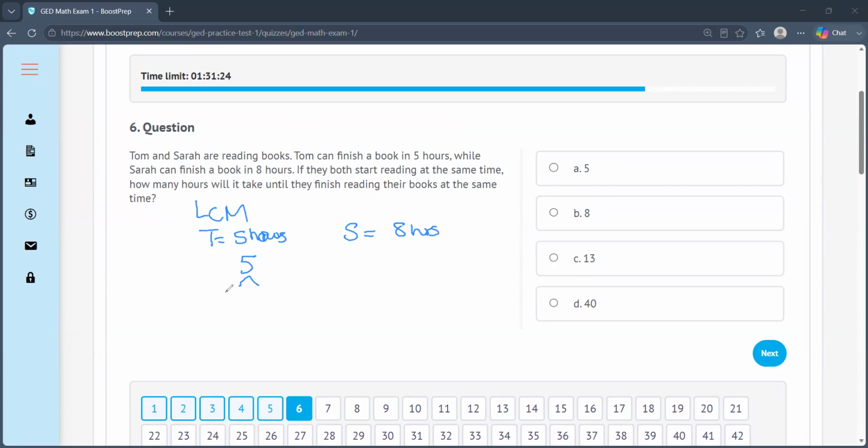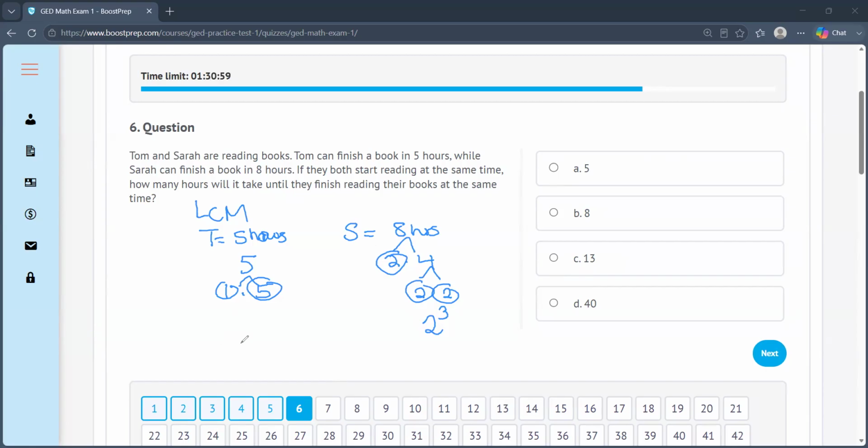What are the factors of 5? 1 and 5. And then you circle the prime numbers. What are the factors of 8? So make a factor tree of 8. What two numbers multiply to 8? Maybe 2 and 4. 2 is prime, 4 is not. It could be broken down as 2 and 2. And then you have the prime numbers 2 and 2, or 2 cubed.